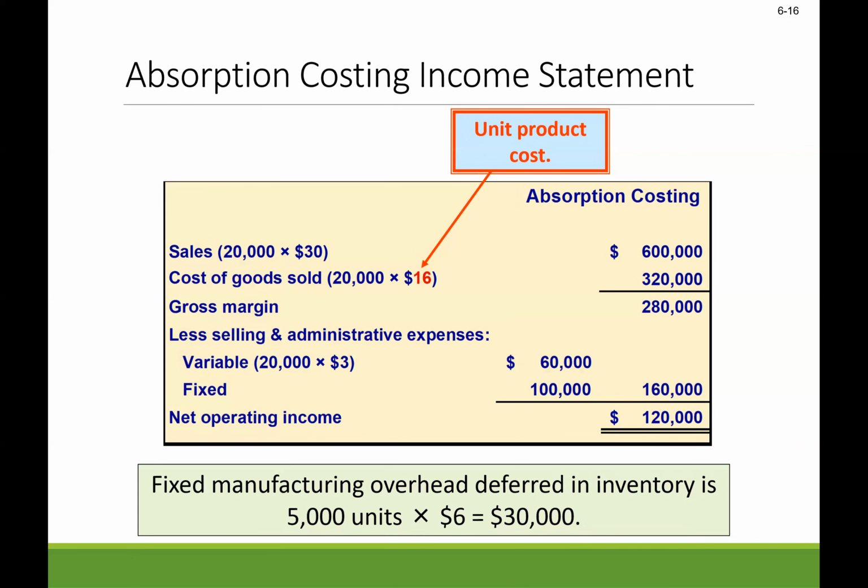The 5,000 units that were still in finished goods stay with the products. So that's not going to reflect on the income statement until those products are sold.